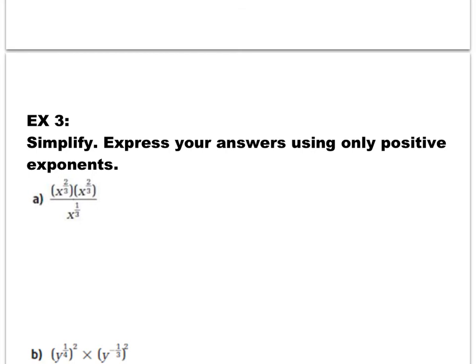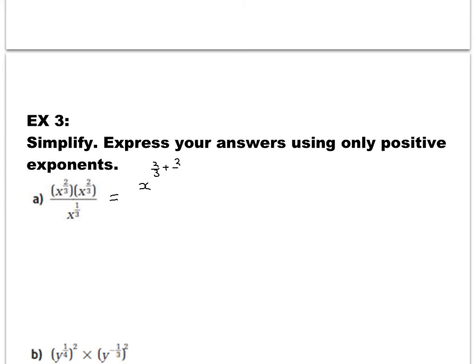In the next example, we have to simplify the fraction and express the answers using only positive exponents. Since the bases in the numerator are both x, we can add the exponents.